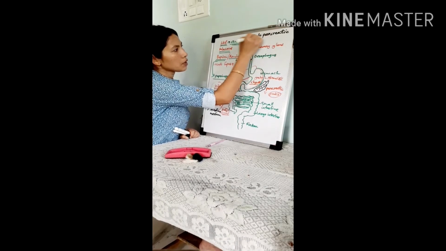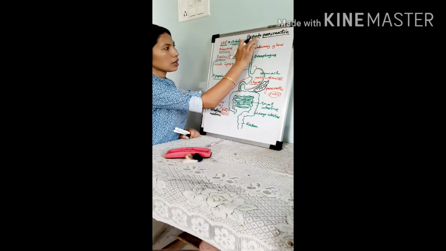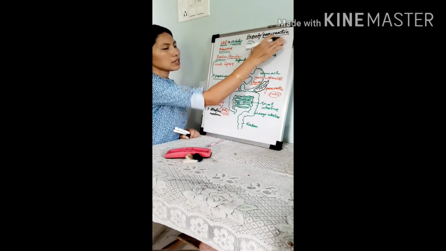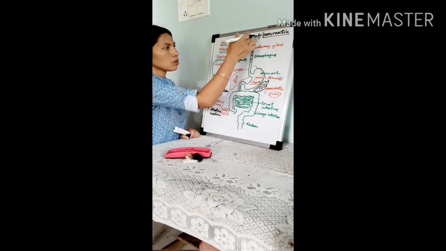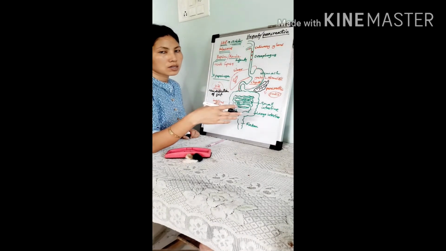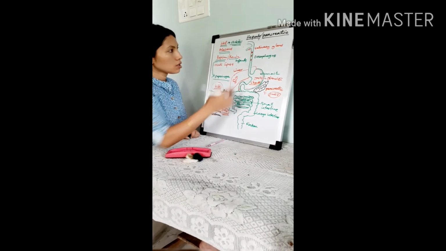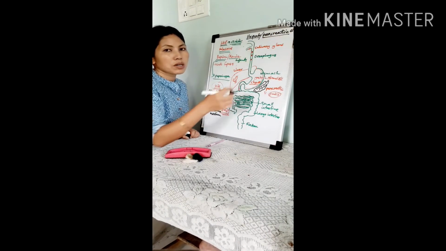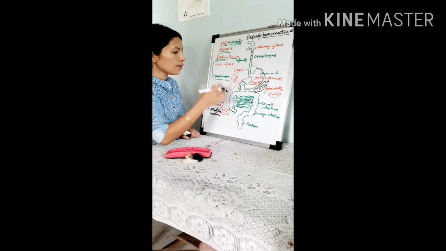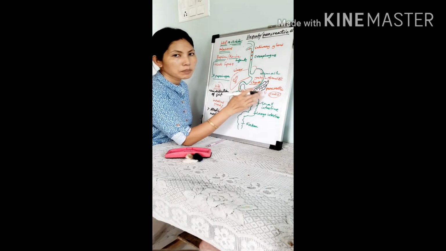Hepatopancreatic duct is a common duct in which, hepato means liver, pancreatic means pancreas, both liver and pancreatic secretions are passed into the small intestine. So this term you need to remember, a common duct for the passage of both the secretion from the liver and the secretion from the pancreas.